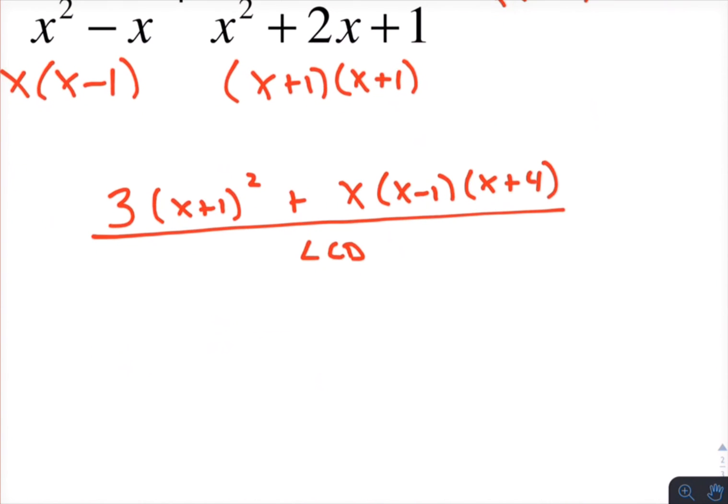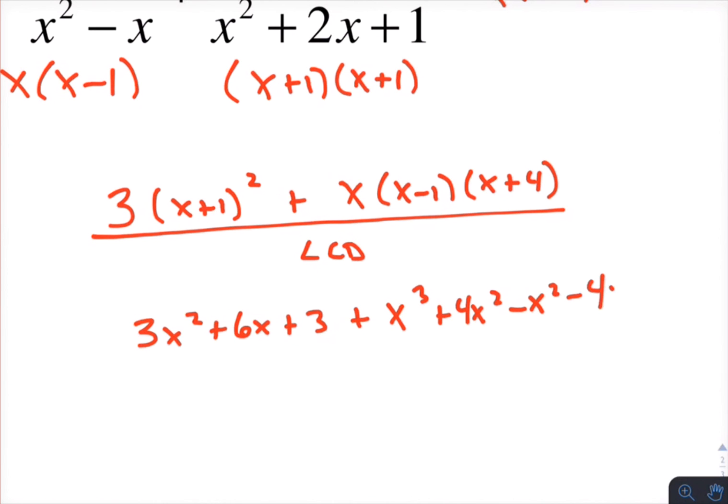So now I just simplify the numerator. So if I know what x plus 1 squared is, and then I multiply by the 3, we get this. And then x squared minus x times x plus 4 is going to be x cubed plus 4x squared minus x squared minus 4x.